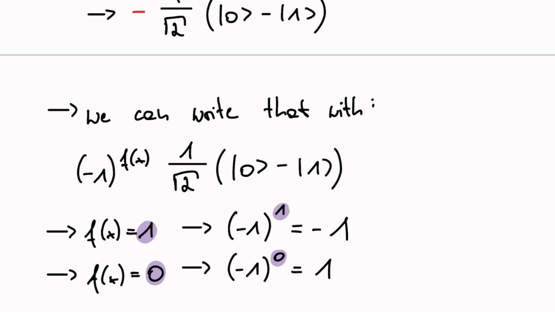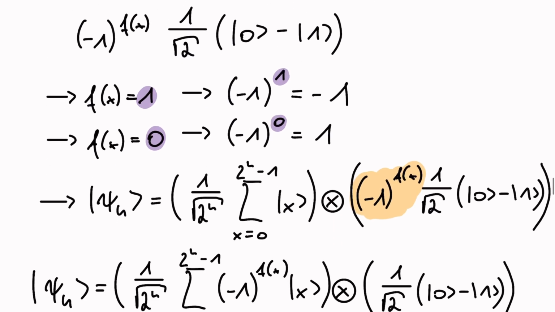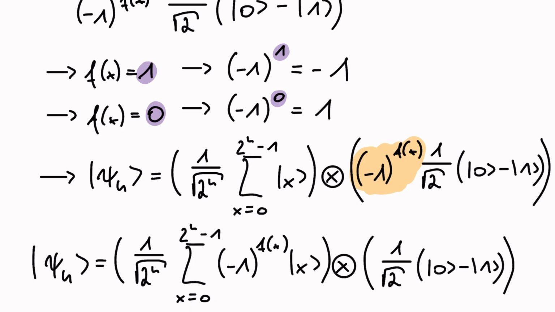So the key idea is, instead of modifying the output qubit directly, we now shift this phase factor into the input part of the state. So how does the full state look now? We define the new quantum state as psi4, and it looks like this.